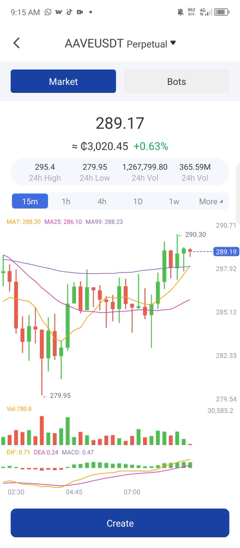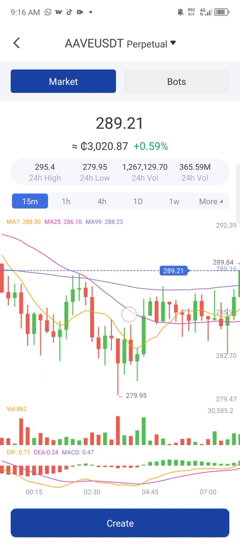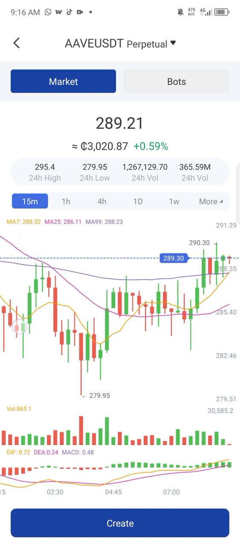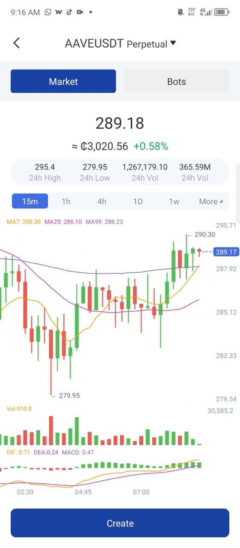So if I want to enter this coin, maybe I might look for other indicators, because the purple line is still up, the yellow line is below it, and the pink line is below. It tells us that there's a kind of uncertainty with this coin in the 15 minutes.